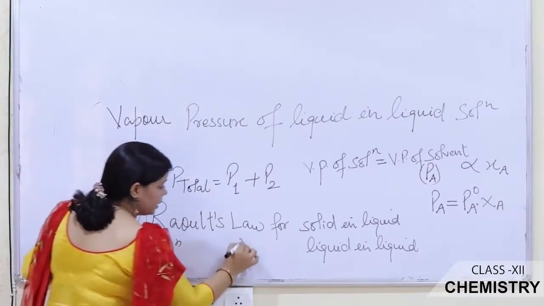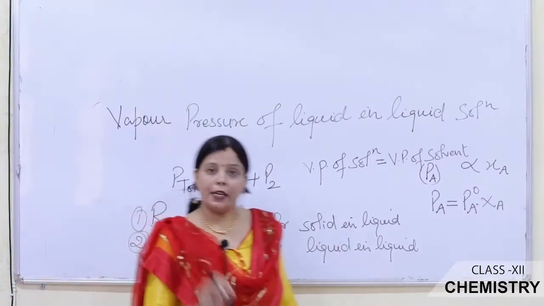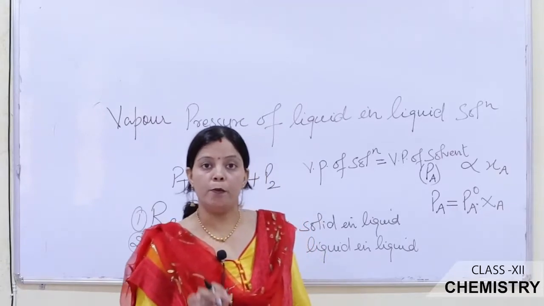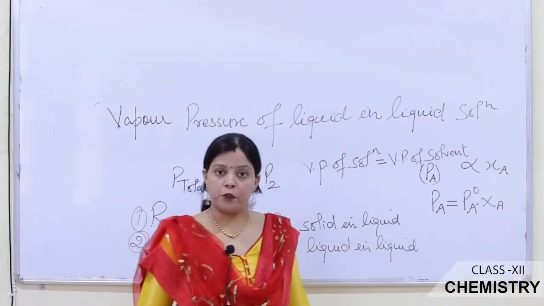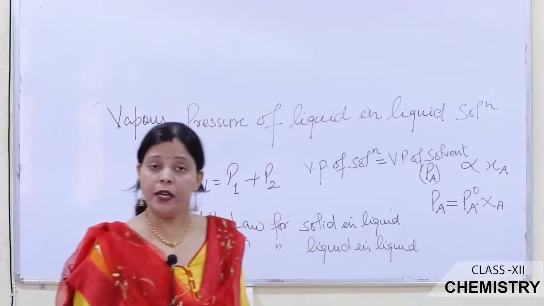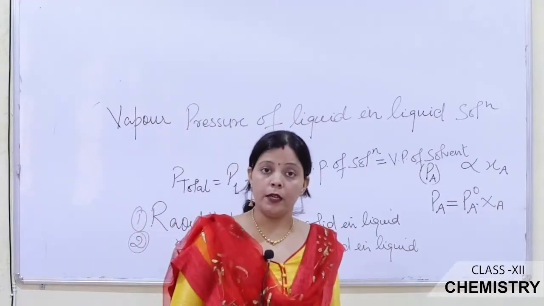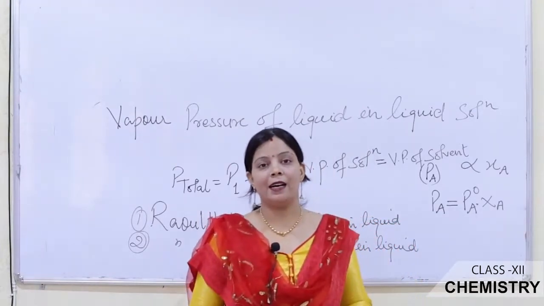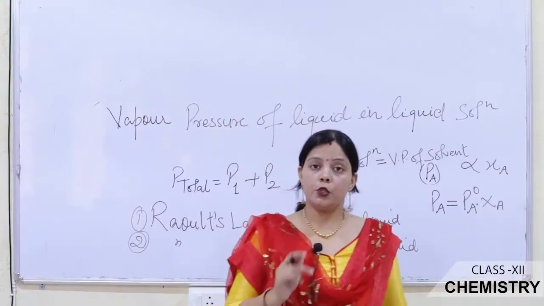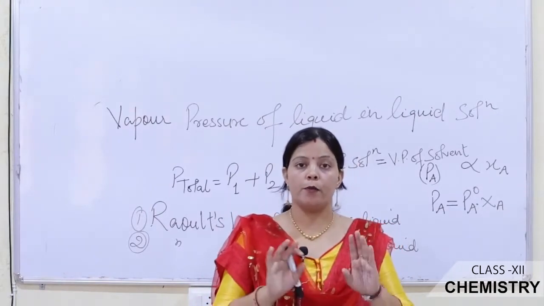The second condition is Raoult's law for a binary solution containing two miscible volatile liquids, that is the liquid in liquid type of solution. When a liquid is dissolved in a liquid solvent, for example, when we take two components A and B, these two components are dissolved together to form the solution.